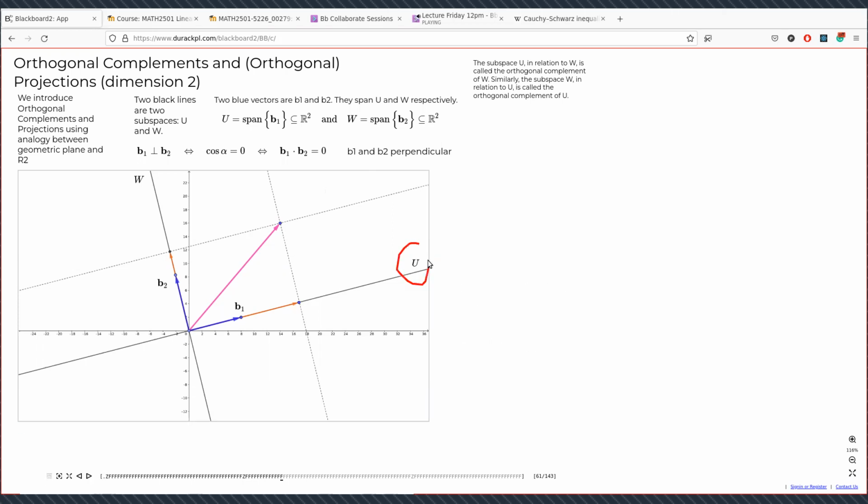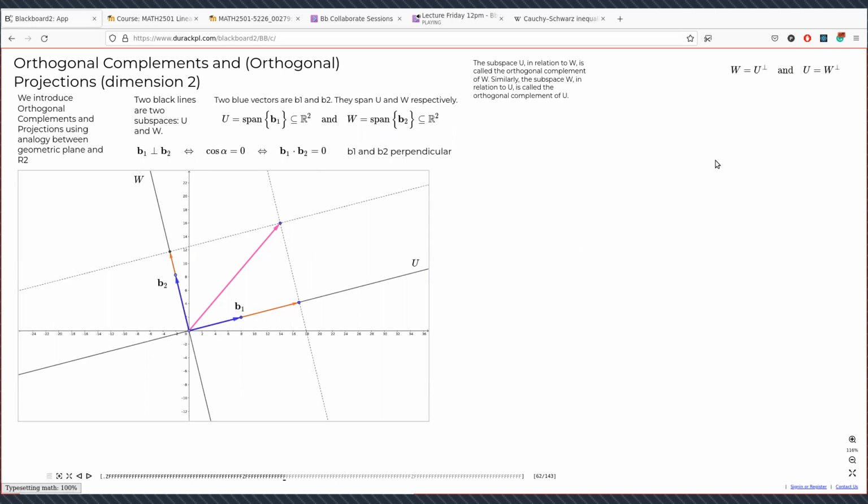But if you think of the subspace U in relation to the subspace W, because these are two perpendicular lines, U is what we call the orthogonal complement of W. And vice versa: if you think of W in relation to U, W is what we call, it's just a name, not a definition yet, the orthogonal complement of U. The idea of orthogonal complement assumes two subspaces which, in the current demo, are one-dimensional and spanned by perpendicular vectors in 2D space.